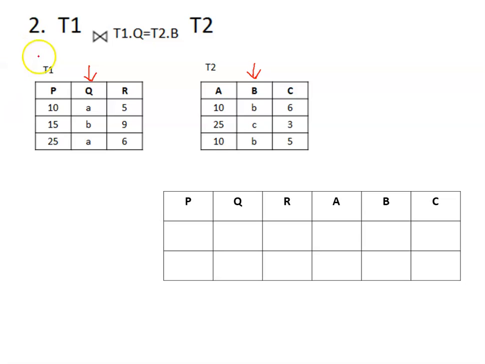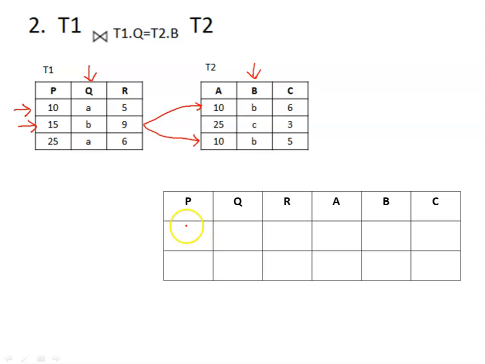Okay, so now what will be the output? We consider the first tuple from T1, that is 10 A 5, and try to find if there is a match anywhere in the second relation. There is no match, so we skip that. We move on to the next tuple from T1 with respect to the join attribute B over here, and there are matching tuples in T2. So this matches with this tuple and also matches with this tuple.